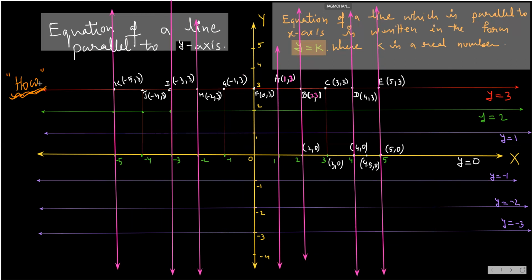So I have said how the line is, but I have not said where the line is. Now remember students, in order to identify a line uniquely, you should give the information how the line is and where the line is. For that I will make you understand with the help of a simple technique, and that technique I had just explained to you when I took the line parallel to x-axis.